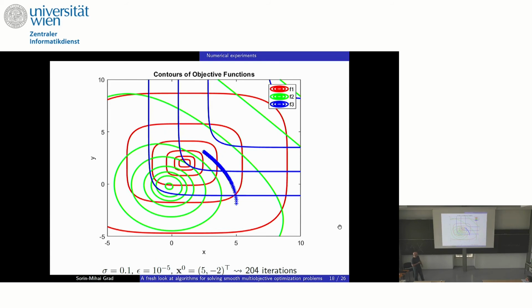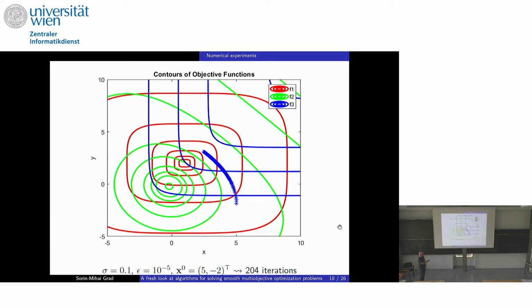Anyway, you can see here some nice pictures where the level lines of the 3 functions are represented in colors, and this represents the trajectory, I mean, not a dynamical system, but the sequence generated by the algorithm.